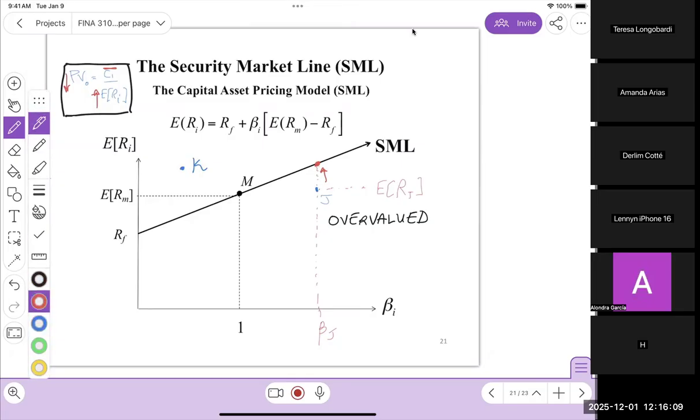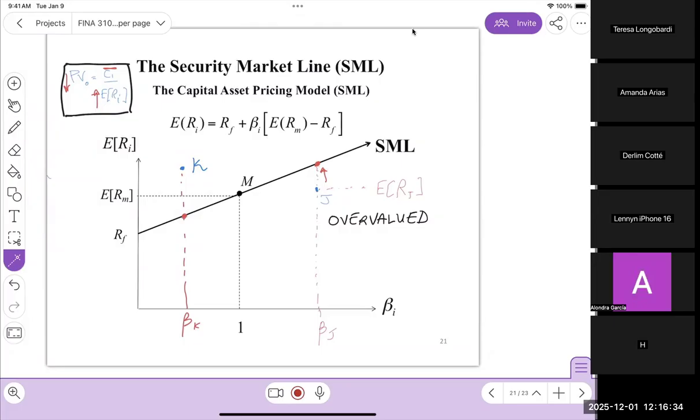For that level of risk, investors are mixing evenly T-bills and the market portfolio. But if K exists and information about K is available to determine that the expected return is much higher, what will investors do?